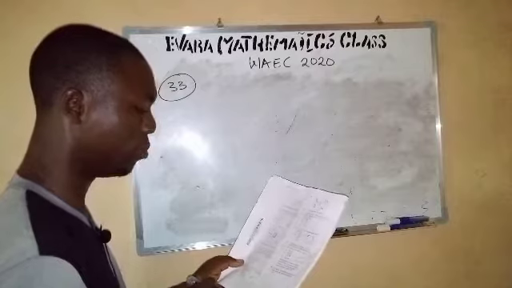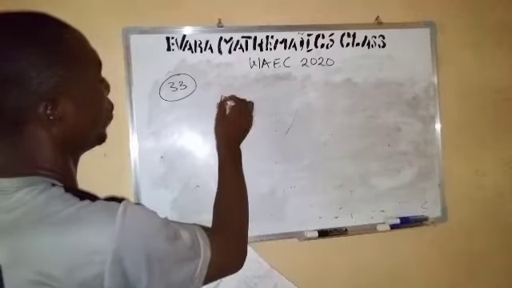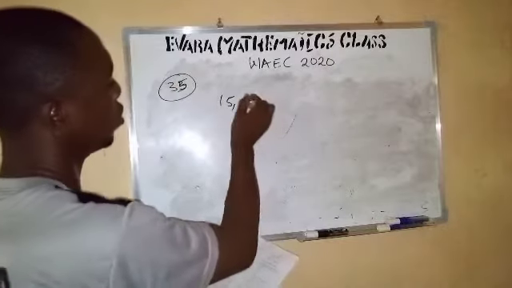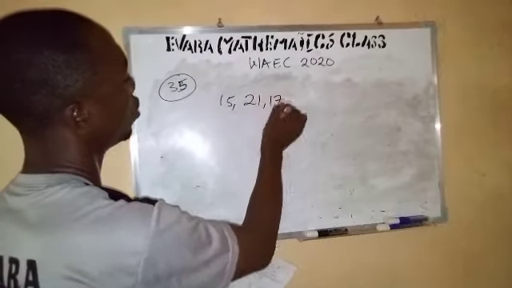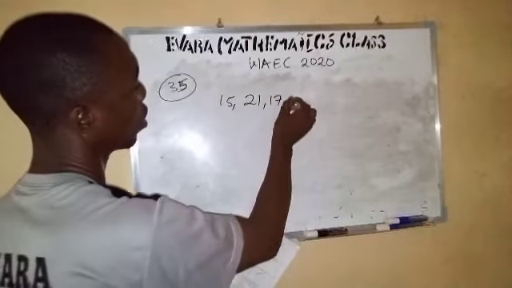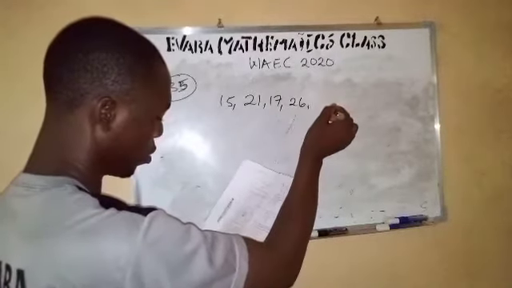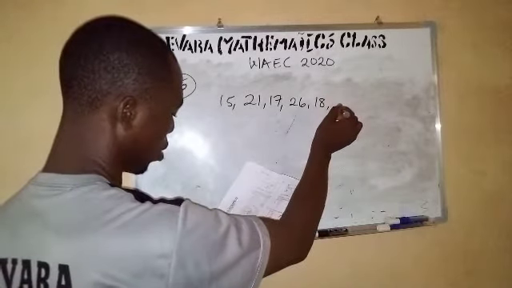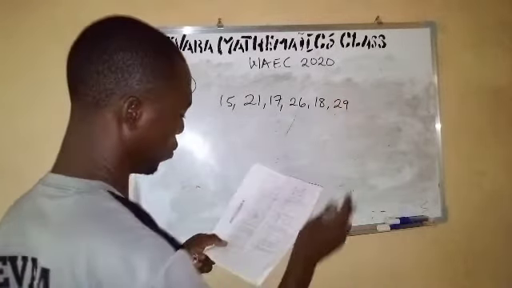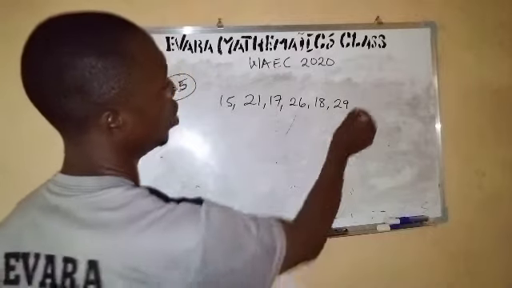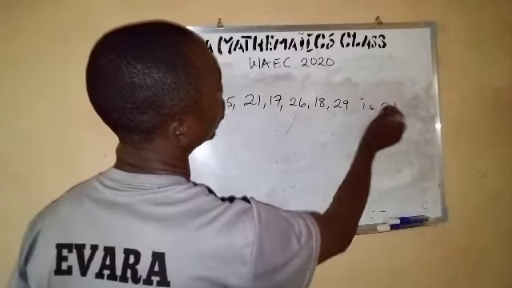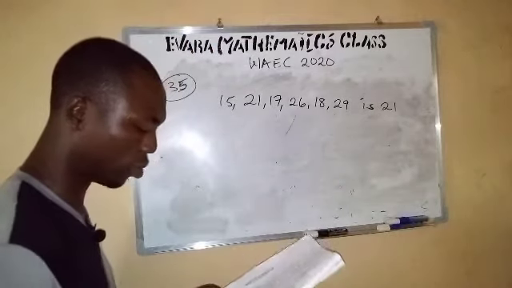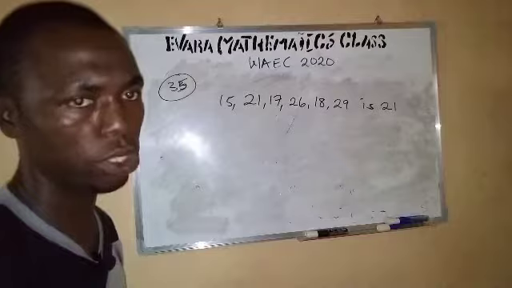We have that the mean of the numbers 15, 21, 17, 26, 18, and 29 is what? 21. Their mean is 21. Now we are asked to calculate the standard deviation.